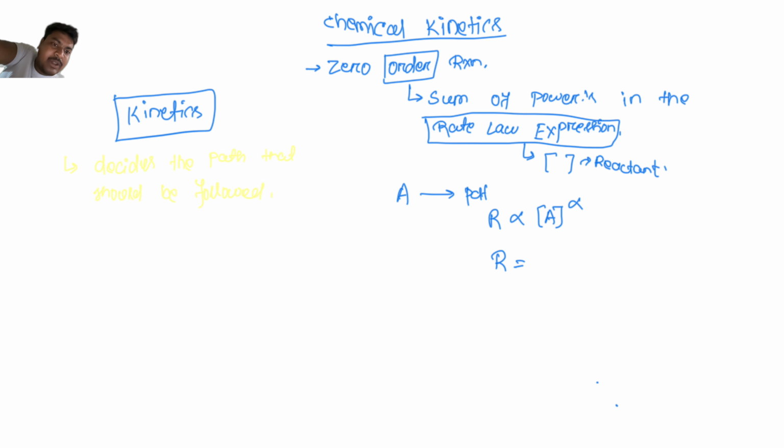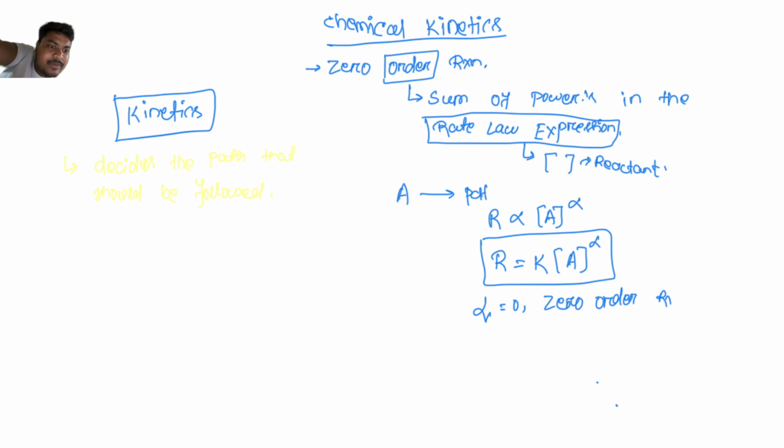If I remove the proportionality constant, it becomes rate equals A to the power alpha. If alpha is equal to 0, it will become a zero order reaction. If 1, it will become first order reaction. If alpha becomes 2, it will become second order reaction, and so on. So now we have some basic idea about what a zero order reaction is.